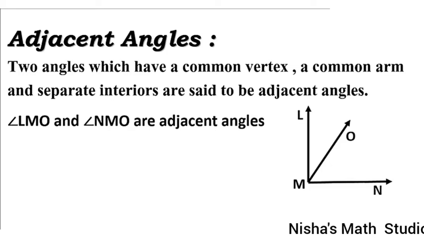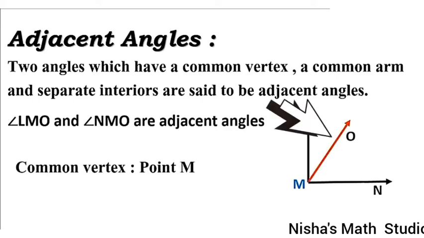According to the definition, adjacent angles should have a common vertex. Here M is the common vertex of these 2 adjacent angles. Then they should also have a common arm, isn't it? So OM is the common arm.